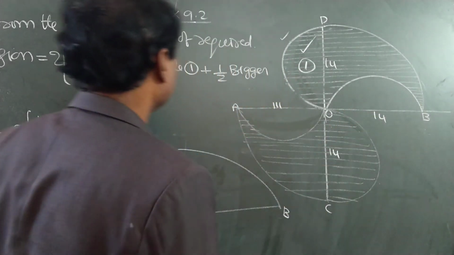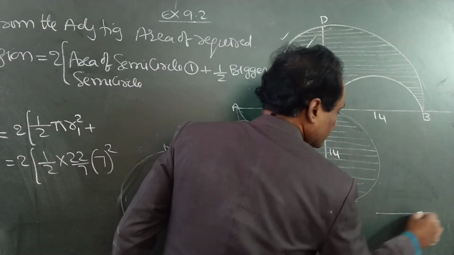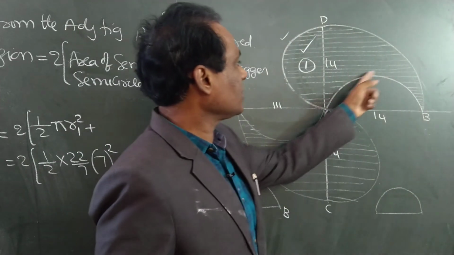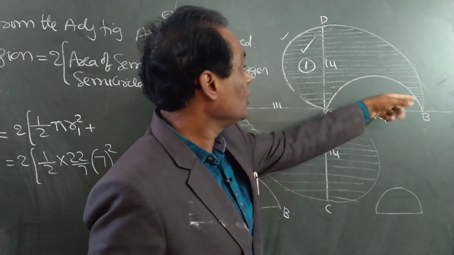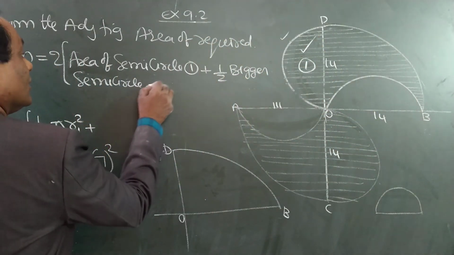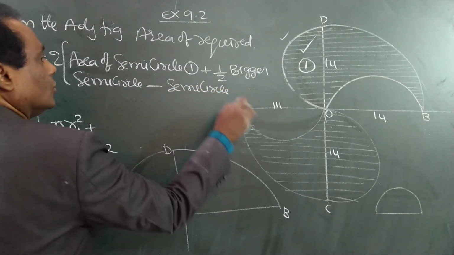This is perfectly a semicircle, but it is not shaded. From this total area, we have to subtract this, minus semicircle 2.